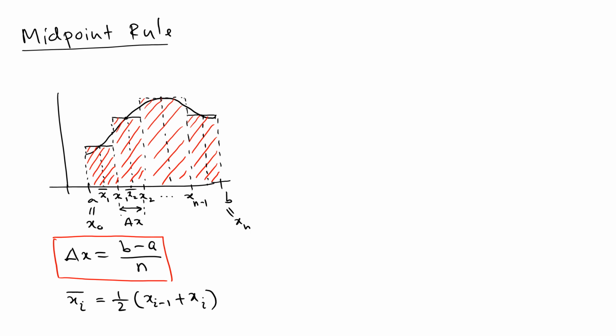You add the two and divide by 2, and after that we have this formula, and we can also have the ith node. The ith node is starting with a plus i times one such gap. This gives you the ith node, and we use those nodes to calculate the midpoints.